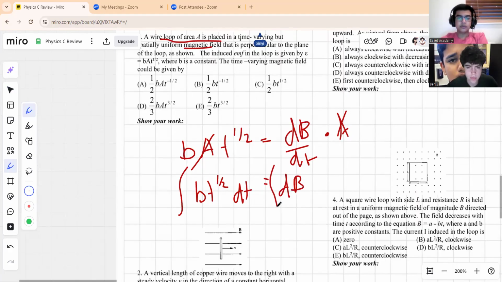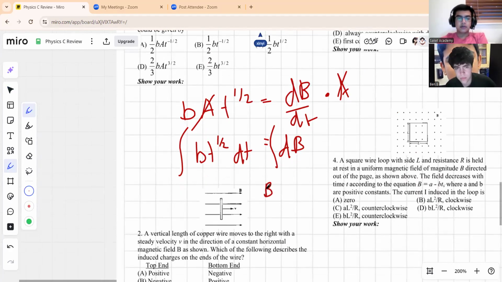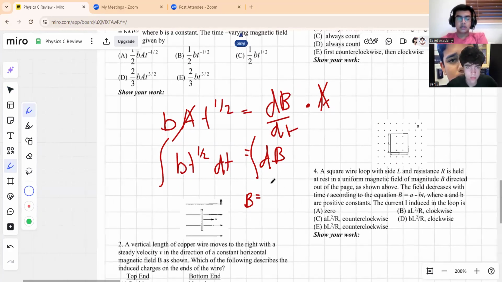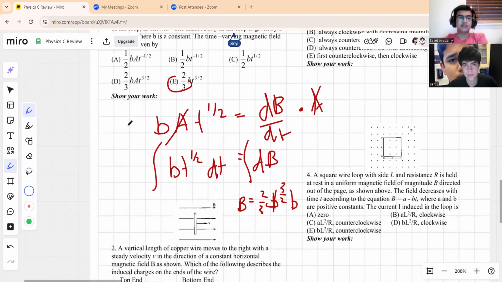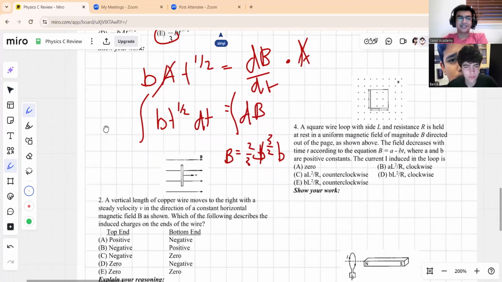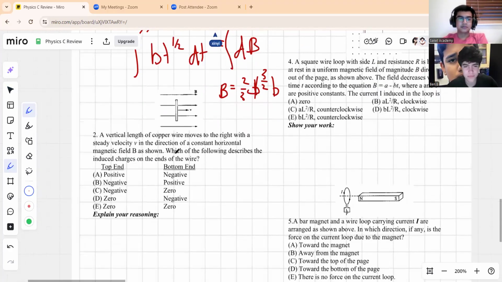So B is equal to, I believe, 2/3 t to the 3/2. That's just some basic calculus. No, there's a t there. Sorry, it's B. I believe the answer is E. That's what I got as well. That's what I would have done.